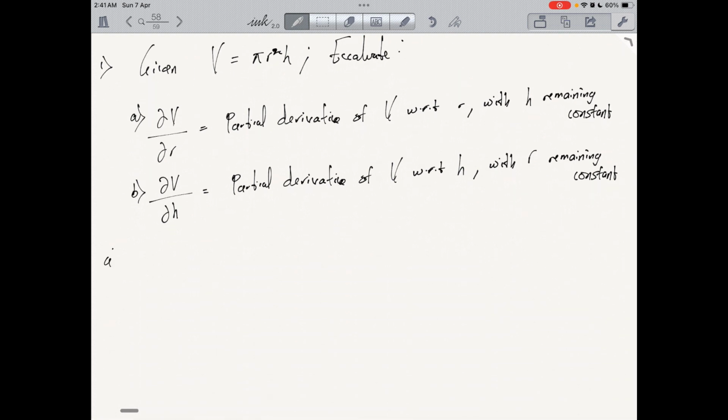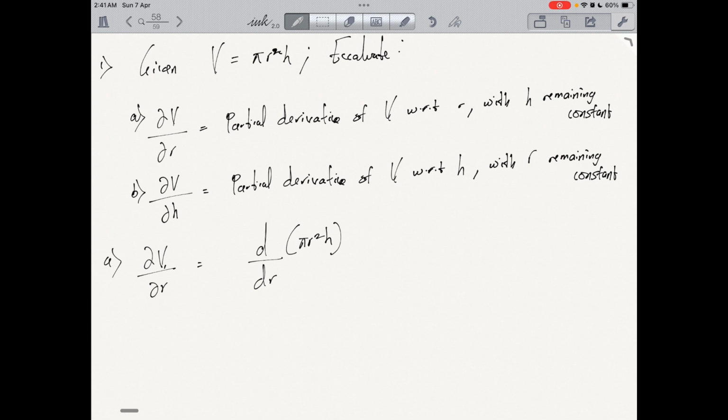Let's start with dV/dr. We are differentiating with respect to r of pi r squared h.